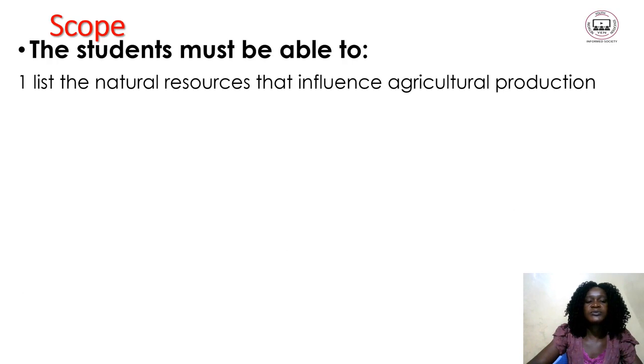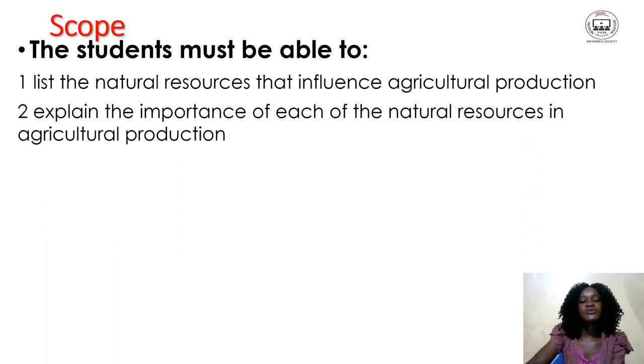Of course, we're going to define the term natural resources, but the important aspect here is to look at some examples of natural resources which influence agricultural production. We're also going to explain each example of natural resource which we're going to list, more especially their importance.